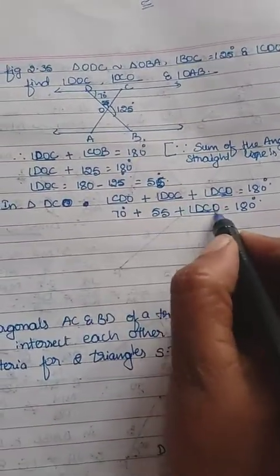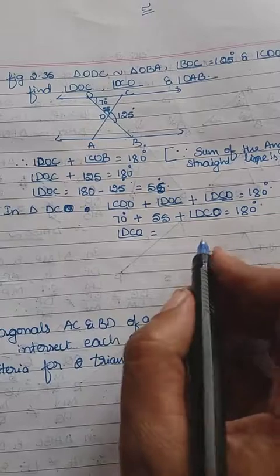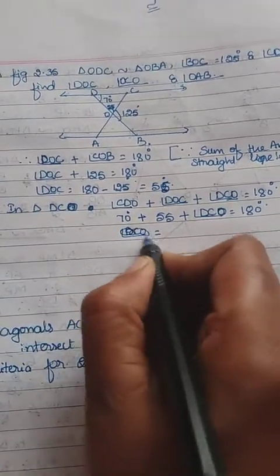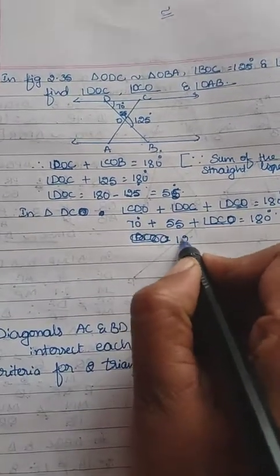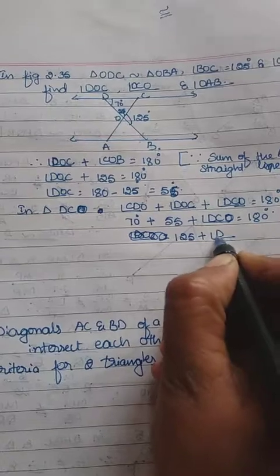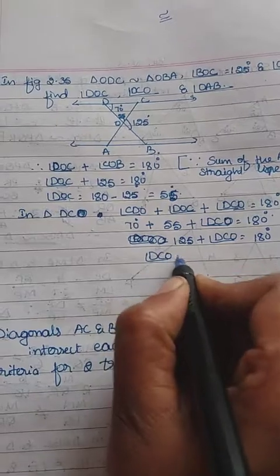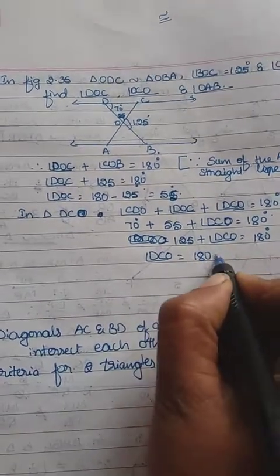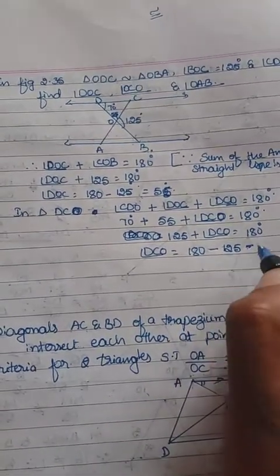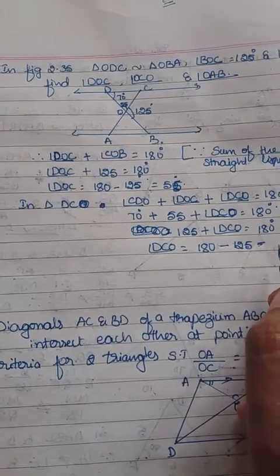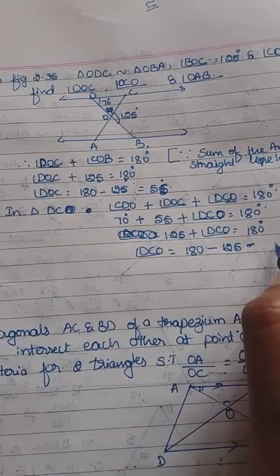So separate angle DCO now. 70 plus 55 is 125, plus angle DCO equal to 180 degree. So angle DCO, if 125 goes to the RHS, becomes 180 minus 125, which is 55 degree.